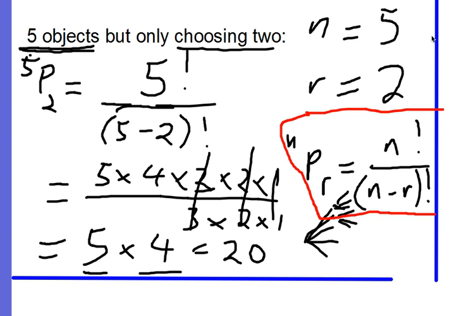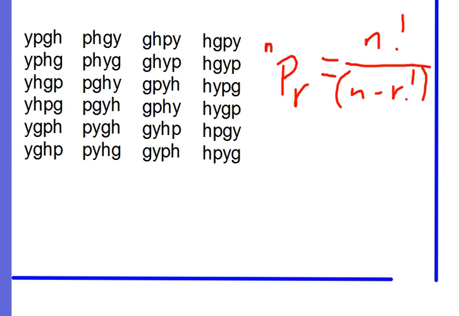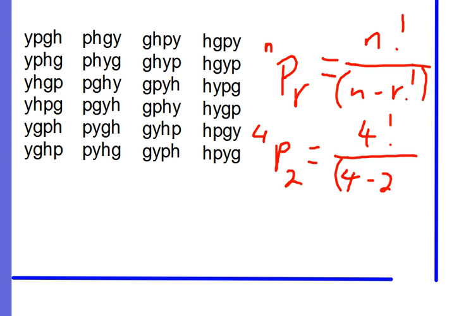Now let's return to our Yancey, Phyllis, Graham and Hetta, or whoever they are, our 4 objects. If I want to choose 2 from here, I could go nPr equals n factorial on n minus r factorial. Or in this case, if I had 4 objects and I wanted to choose 2, then I'd have 4 factorial on 4 minus 2 factorial, which is 4 factorial on 2 factorial.